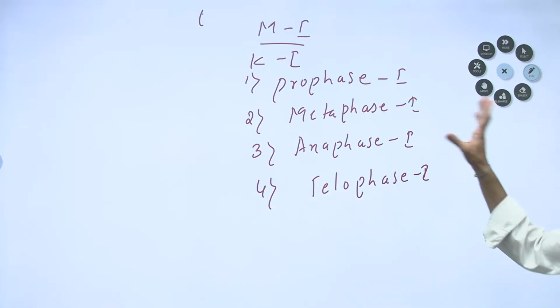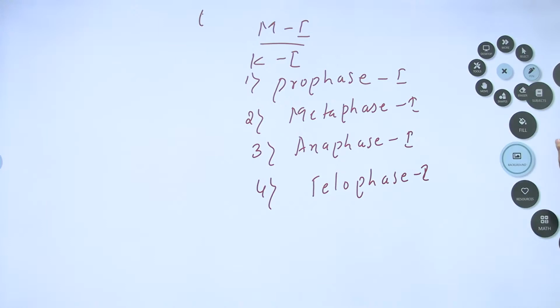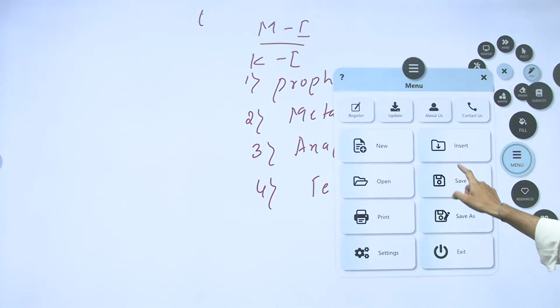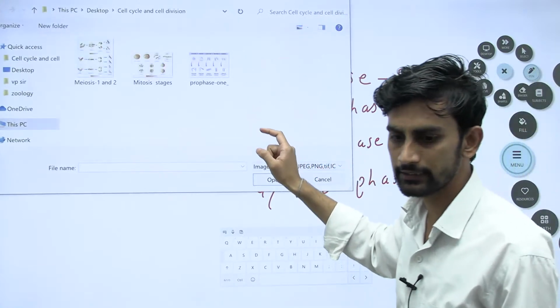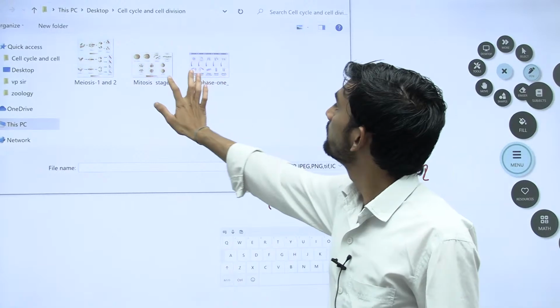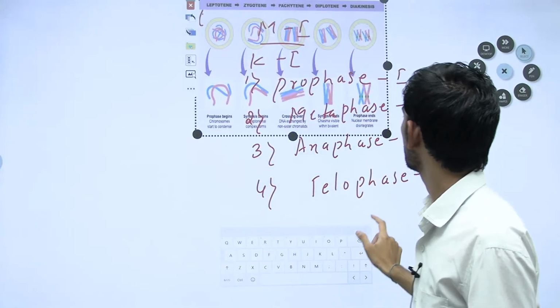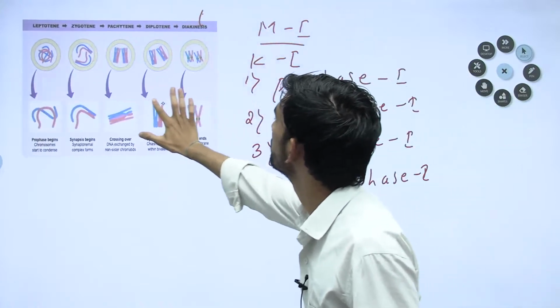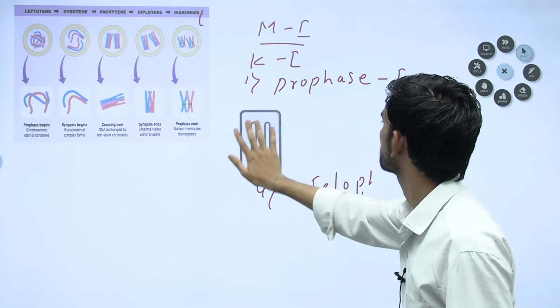First we'll start with prophase 1 of meiosis. With diagrams available, you can easily understand. This is the diagram of prophase 1 of meiosis.